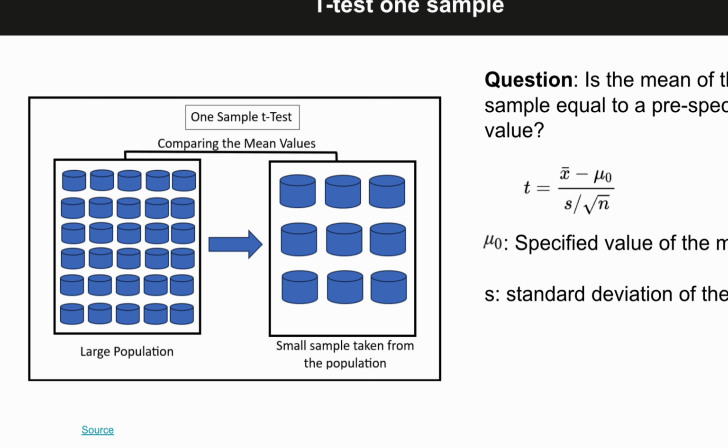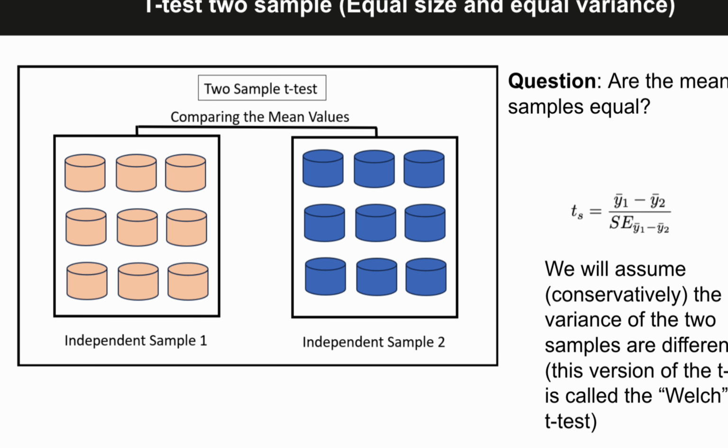But in most cases, you will not have this pre-specified value. In most cases, you will apply what's called the two sample t-test. So the two sample t-test is what we are dealing with right now. And we're asking a very simple question, which is: given two independent samples, is their mean equal or not? We define the same quantity which we talked about, y1 bar minus y2 bar, and here we're going to make the assumption that the variances of the two samples are different.